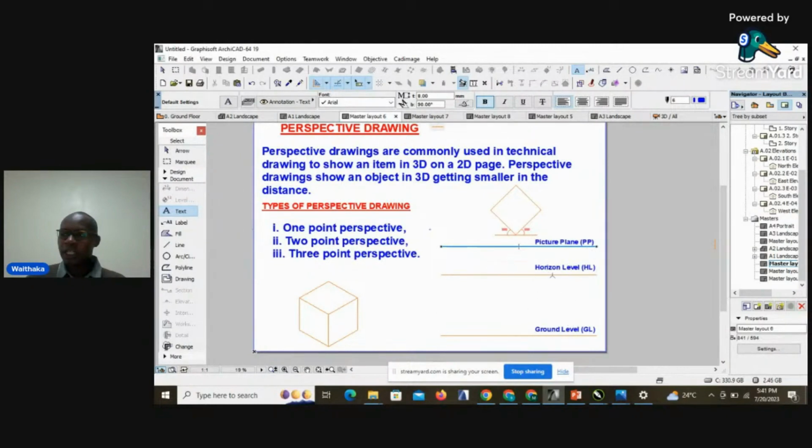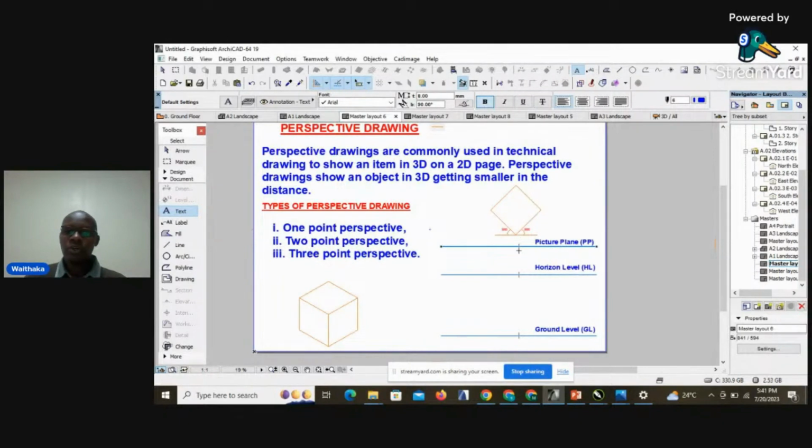The ground level, horizon level, and picture plane will always be organized in that manner, where the ground level is where the observer is positioned, and then we usually have the horizon level, that is where the center of vision of the observer is usually located, and then the picture plane is used to help us reference the given object in relation to the picture plane.